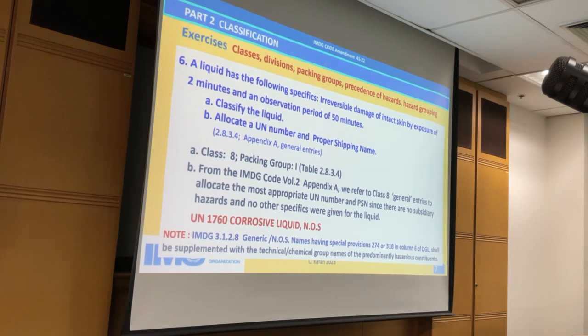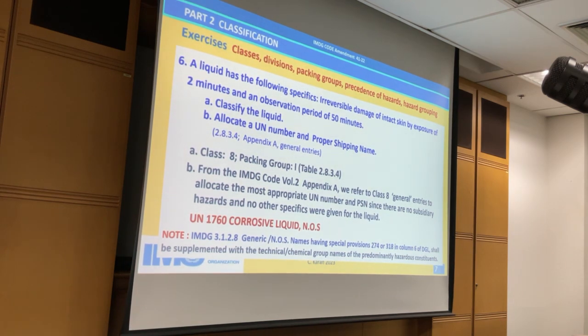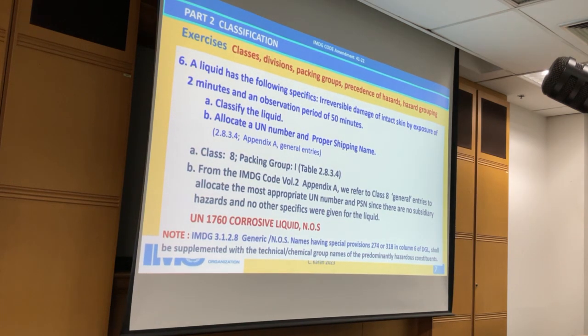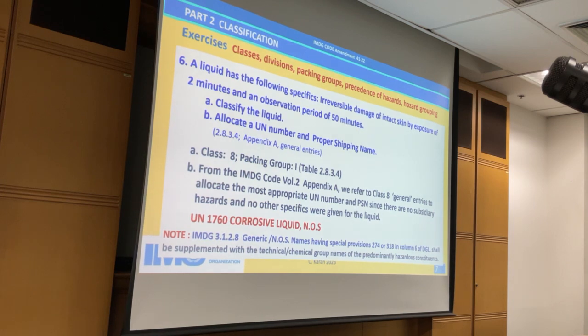Of course, we should never forget, when we write the transport document, we should put after the name the UN number, packing group, and also a parenthesis with the most important predominant constituent in that corrosive liquid. Otherwise, it's so general. What corrosive liquid?